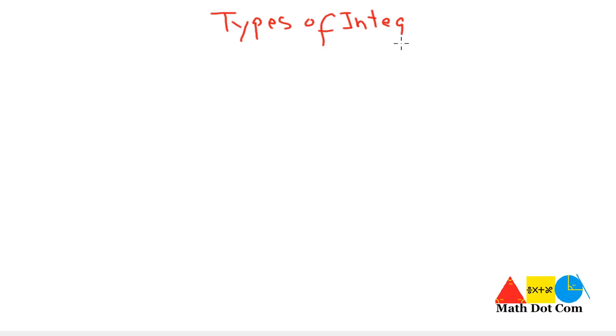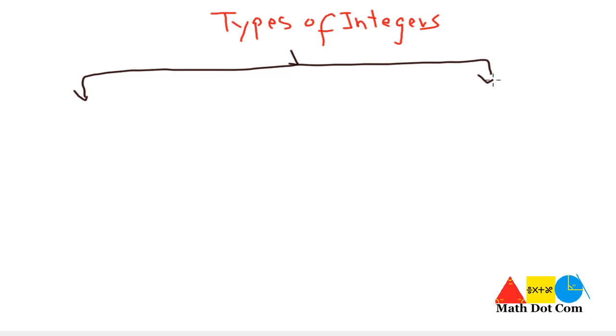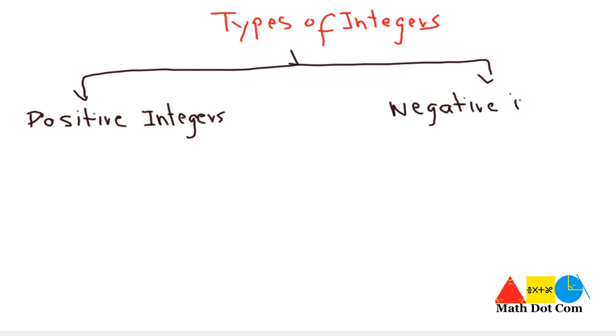It has basically two types: positive integers and negative integers. As their names indicate, they clearly give you the concept of how they are different from each other.